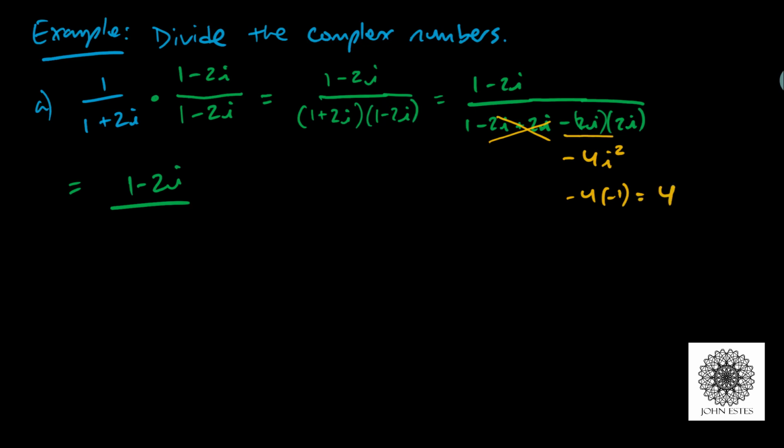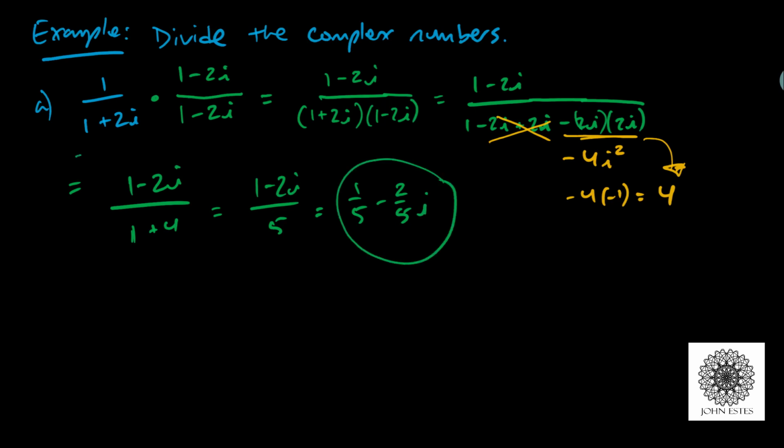So when I multiply this together, I end up back as a real number: 1 plus 4. In fact, my denominator is now a real number, period. It's 5. So I can write this as a complex number as 1/5 minus 2/5 i. And there it is. 1 divided by 1 plus 2i is 1/5 minus 2/5 i.